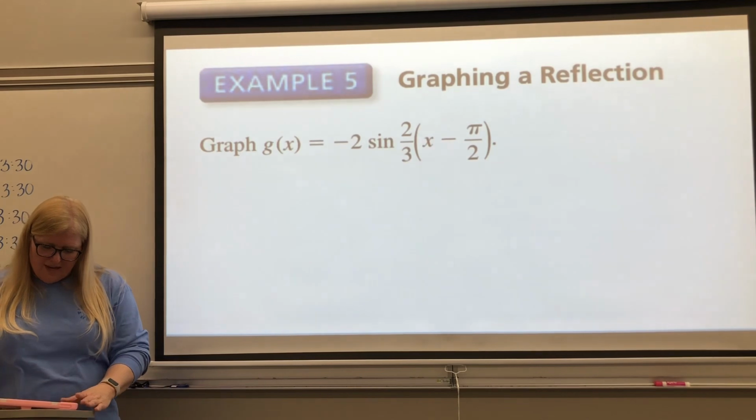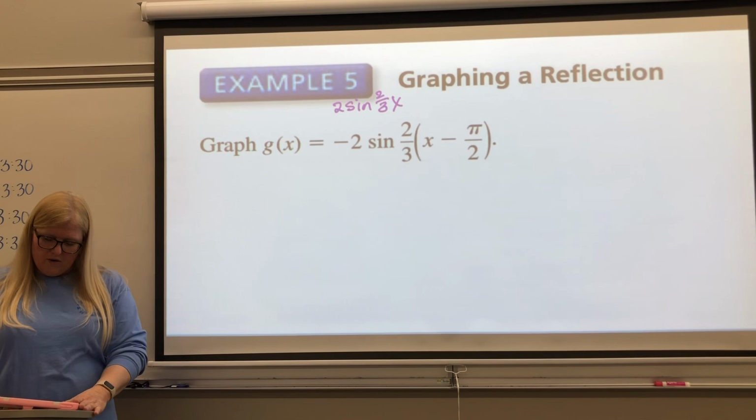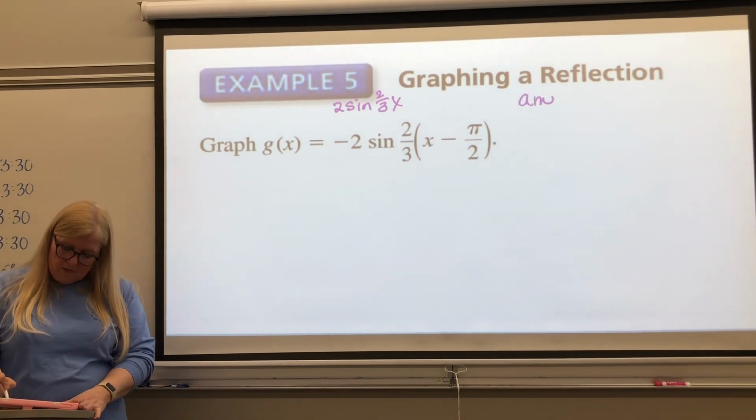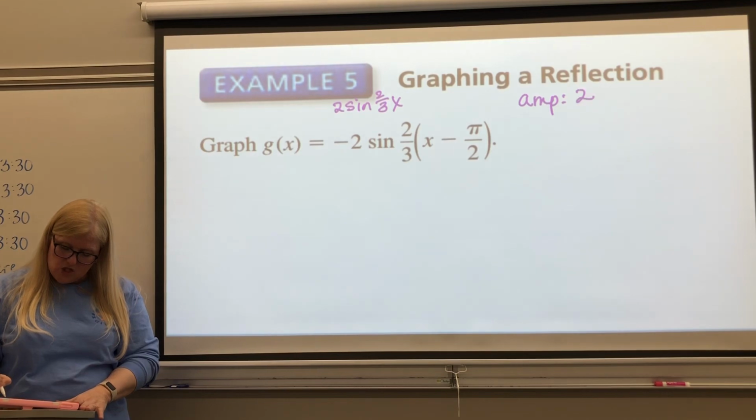So, again, my basic function here is -2 sine 2/3 x. So my amplitude, remember, it's the absolute value of -2, so it's 2. And the period is 2 pi over 2/3, which is 2 pi, keep, change, flip.